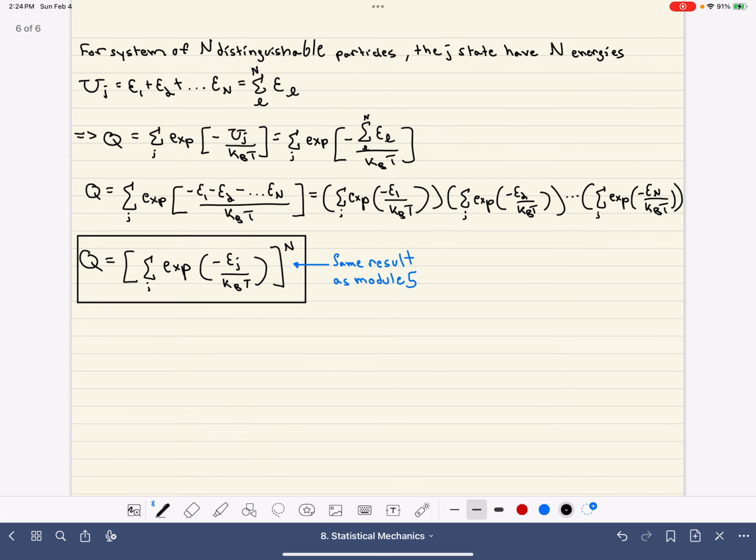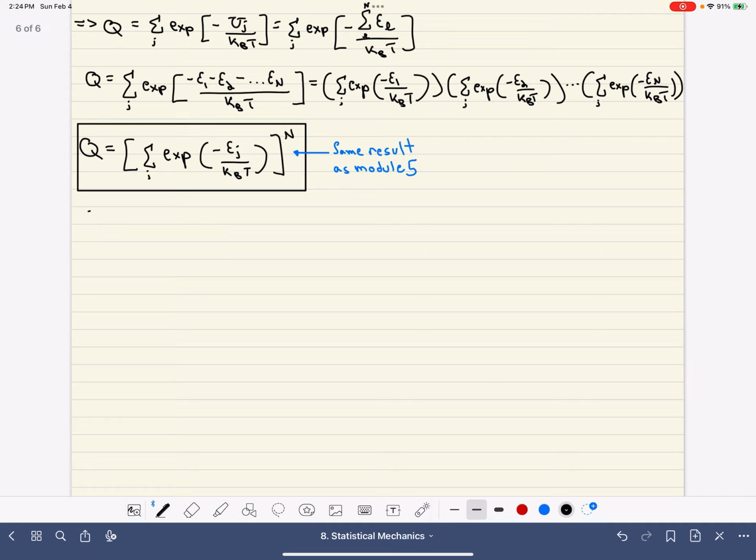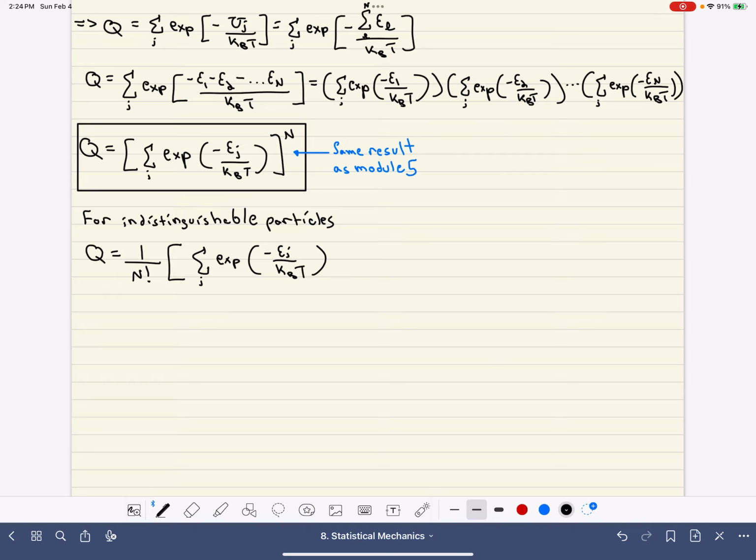Of course, we could also define the canonical ensemble partition function for a system of indistinguishable particles. To do that, we just divide by n factorial, and the sum of the exponential of negative epsilon j over kBT is raised to the n.